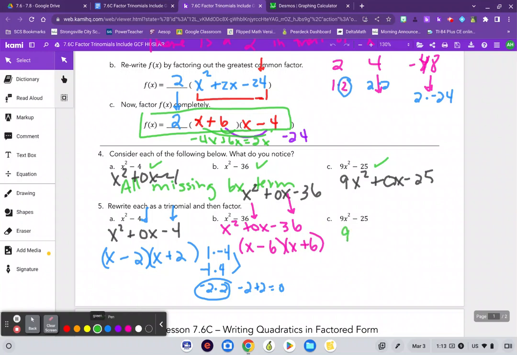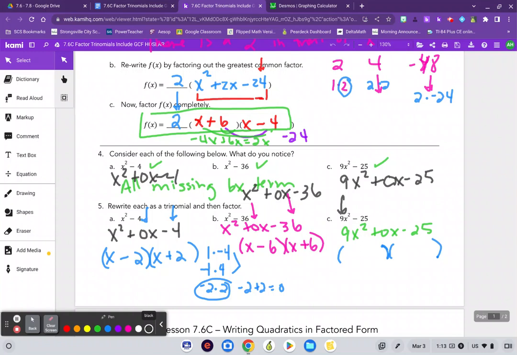And finally, I'm going to rewrite this as 9x squared plus 0x minus 25. And I'm going to split this into two factors. Now, this one feels a little bit different because I'm not just splitting an x squared. I have this 9 here. Okay, so that makes things a little bit different.